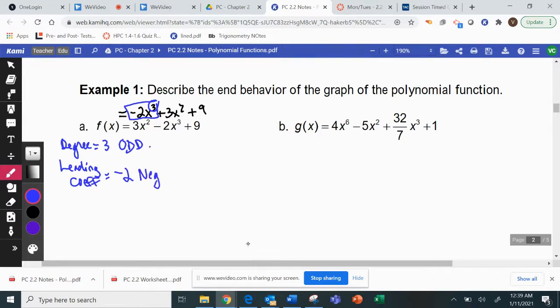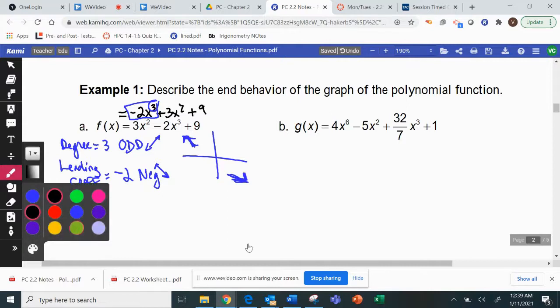So when I think of odd, I think of lines, but the negative, that means that it has to go the other direction. So I'm trying to find end behavior that's like this. I have no idea what's going on in the inside. All I know is that's the end behavior. So I'm going to start with f of x, and I'm going to start with the left side.